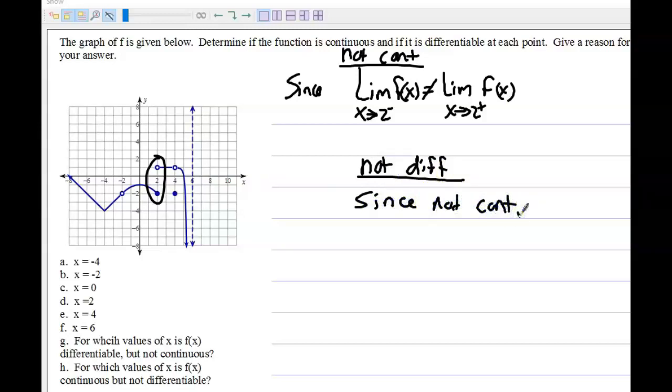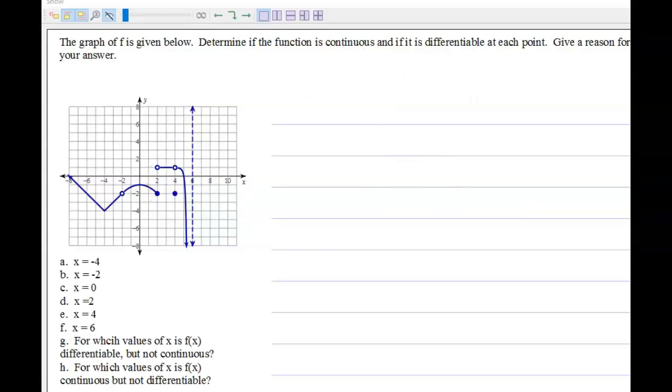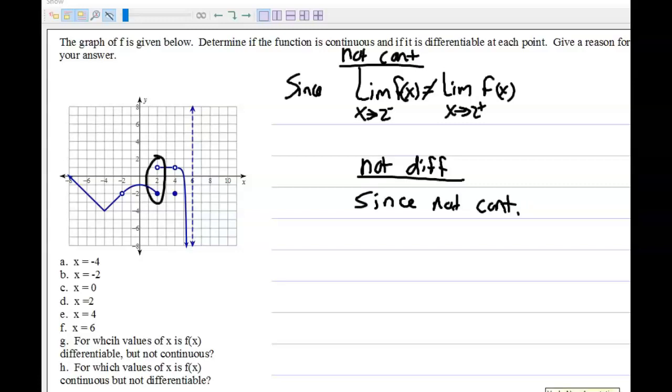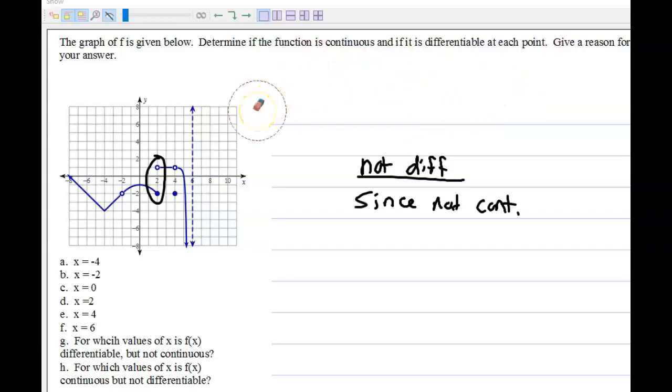All right, x equals 4. For x equals 4, let me bring back this answer because I'm going to use some of that again actually. For x equals 4, it's not continuous. The limit exists, because as I approach 4 on the left and right, they're both approaching the same y value of 1.